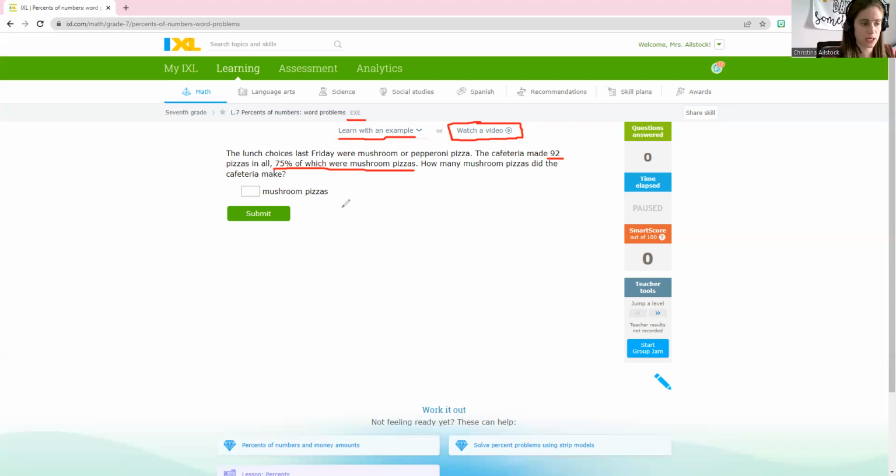So our first step is we need to convert. We need to change 75% into a decimal so we can deal with that. Remember, you are dividing by 100, otherwise known as just moving that decimal point two places to the left, giving us an equivalent version of 75% as a decimal that is 0 and 75 hundredths.